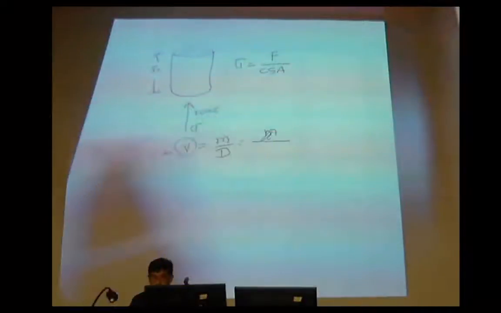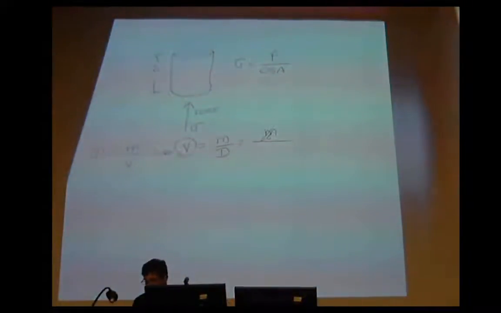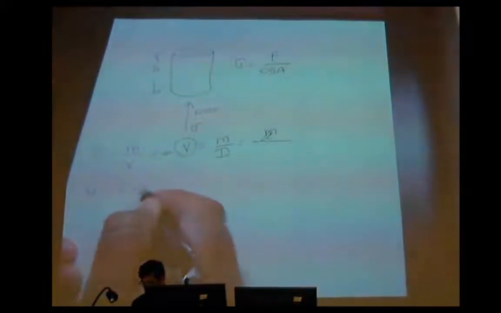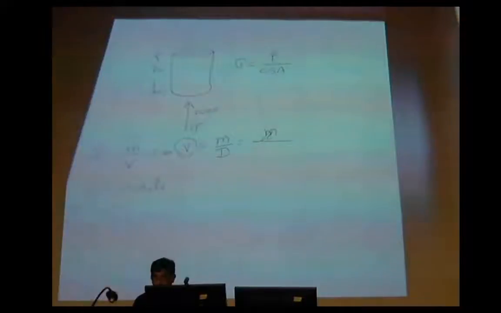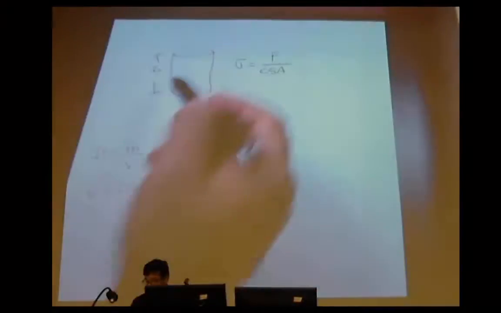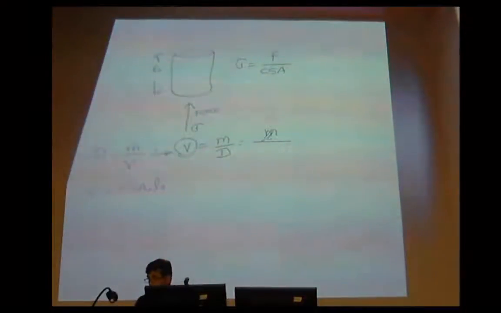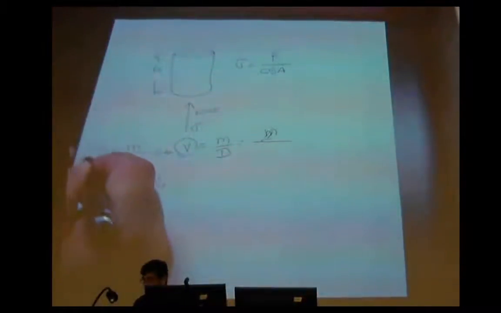What is volume equal to? The volume of that cylinder is equal to cross-sectional area times resting length, isn't it? Because it's a cylinder, it's cross-sectional area times length, which is the volume of that cylinder. Now this is coming here times D, correct?